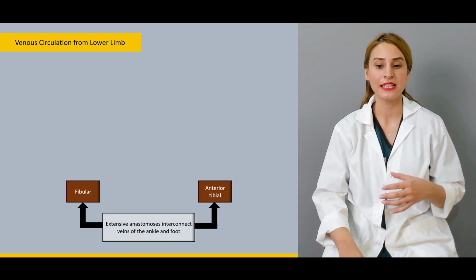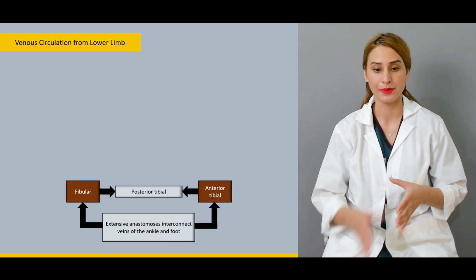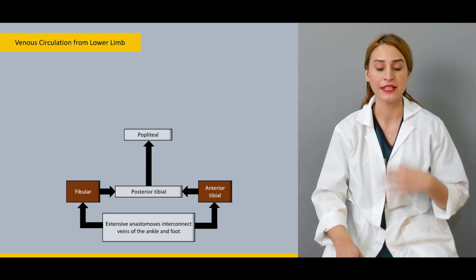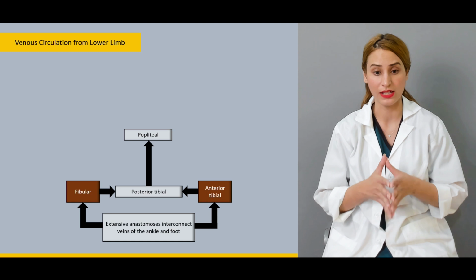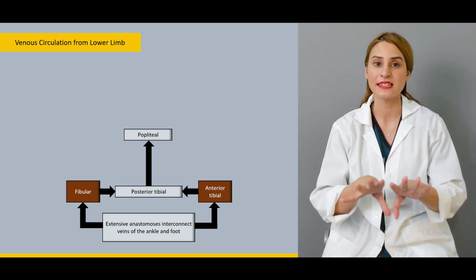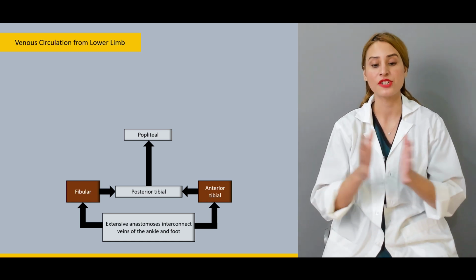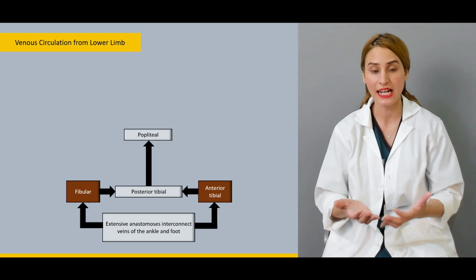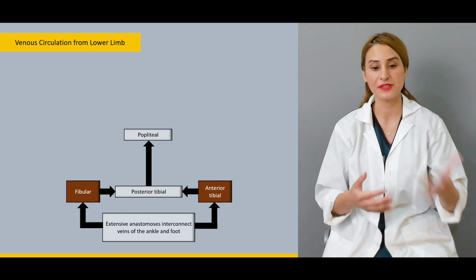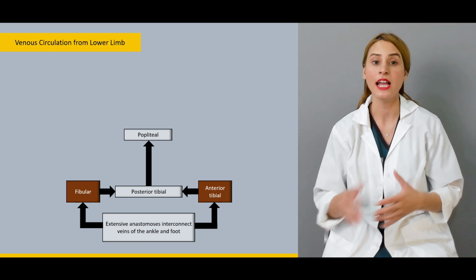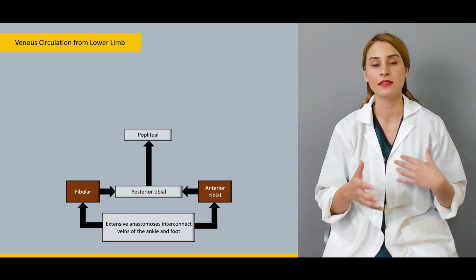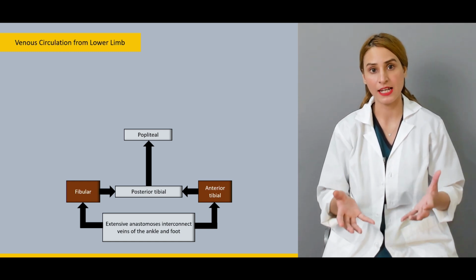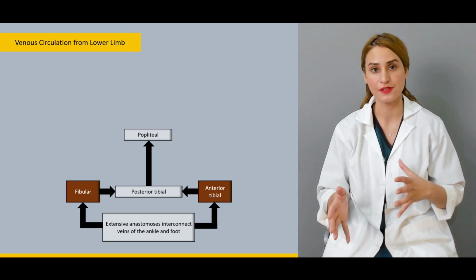They form the fibular and anterior tibial, and together with the posterior tibial, they drain into the popliteal as well. This is basically the deep system, with extensive anastomosis in the foot. They combine to make the anterior tibial, posterior tibial, and fibular or peroneal. Fibular and peroneal are the same vessel with two different names, right?